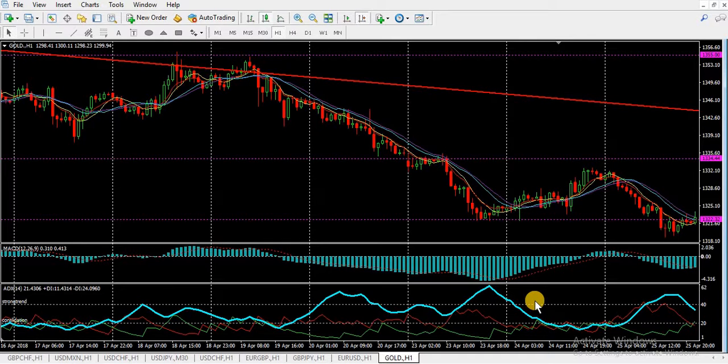So here, all you have to do is wait for this thing. See, it's a trend. Let me talk about this region again, this whole zone here, and then this zone.